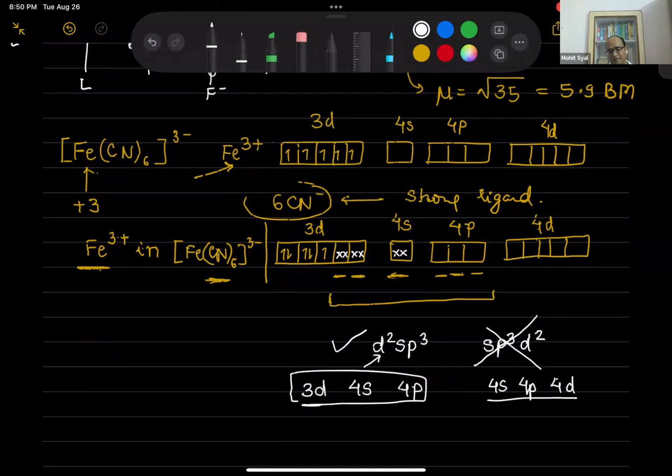And this can happen if the inner d orbitals are available, and this is an inner orbital complex. If they are available, I'm going to use them. And these crosses represent the pair of electrons donated by the cyanide ligand, CN minus.